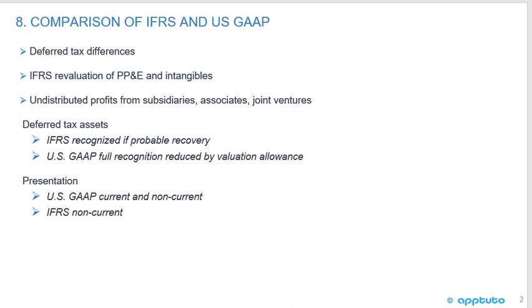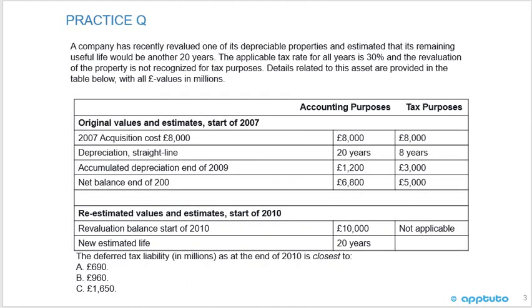Deferred tax assets, IFRS recognized if probable recovery, but US GAAP full recognition can be reduced by the valuation allowance. In terms of presentation, US GAAP is current and non-current, but under IFRS it's non-current. So again, a little bit of time to look through the comparison of IFRS and US GAAP with regards to the deferred tax differences. So we'll just finish this LOS with a practice question.